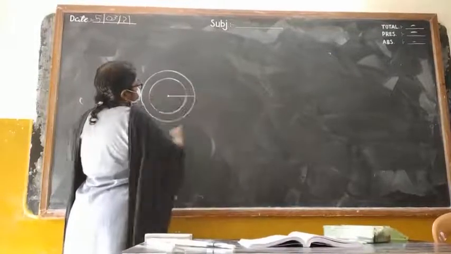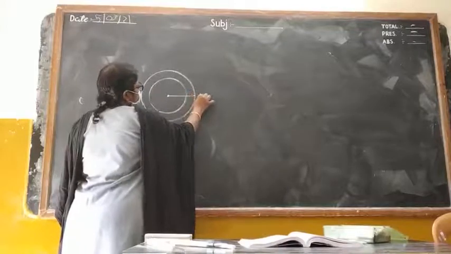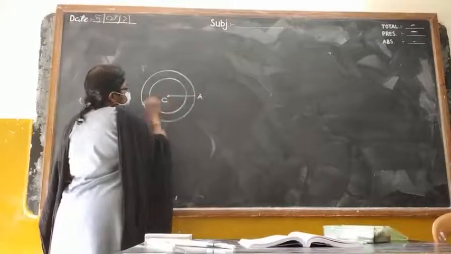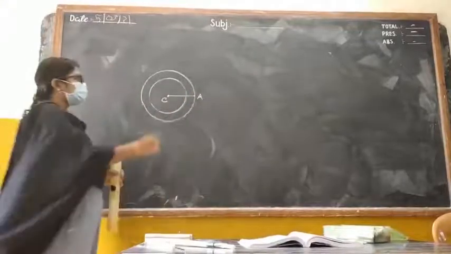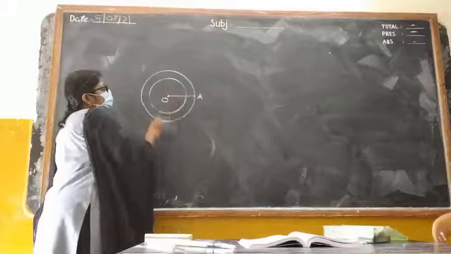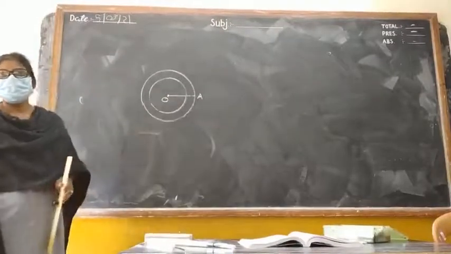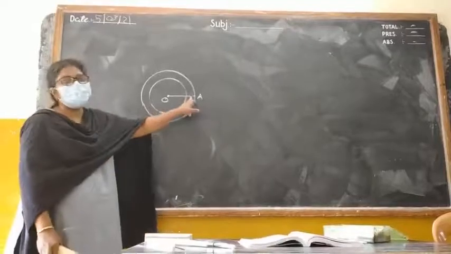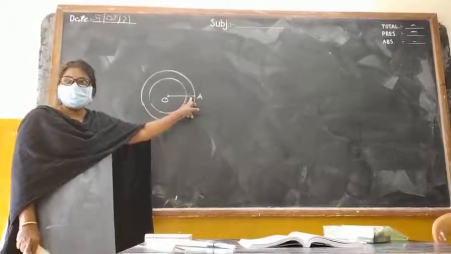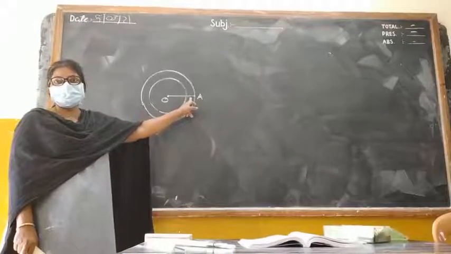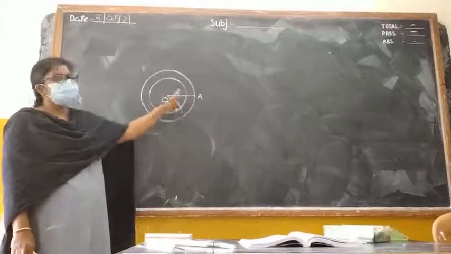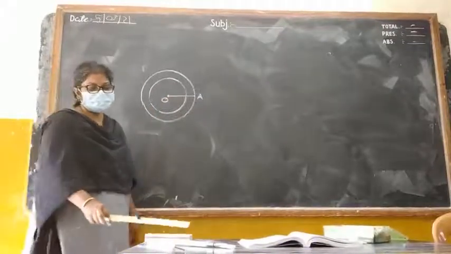Okay. So I am taking that A. O is the center, you can mark. Then I took a point on the bigger circle. Okay. So OA you have to take.